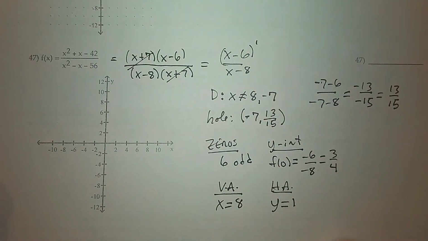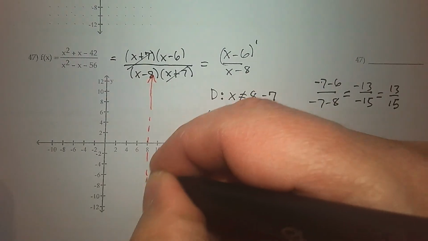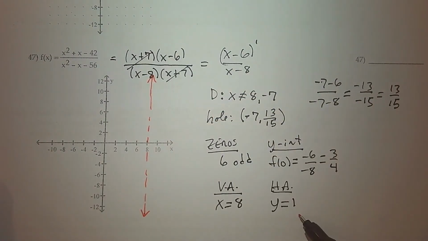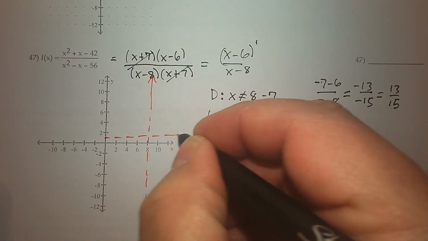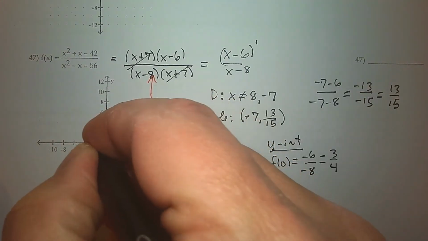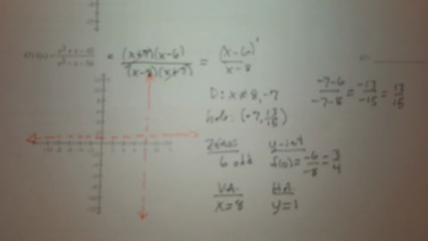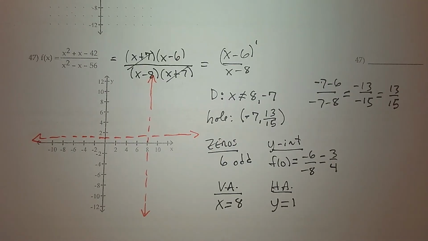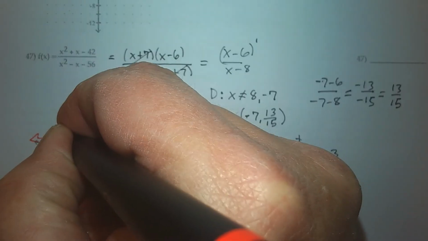So the vertical asymptote is at 8. The horizontal asymptote is at 1. I have some points to put down. Oh, I also have a hole. The hole is at negative 7 and 13 over 15, which means it's just what?